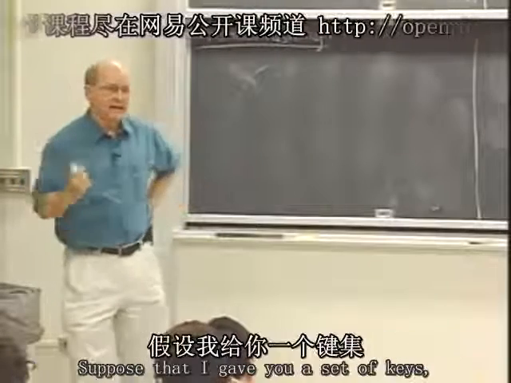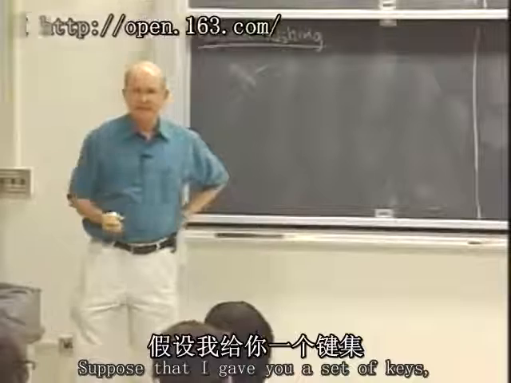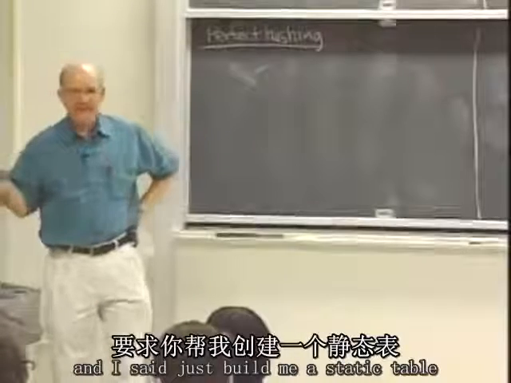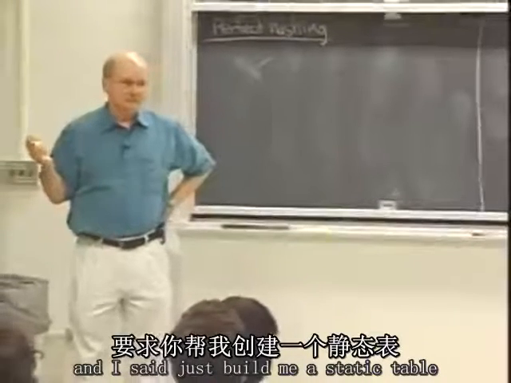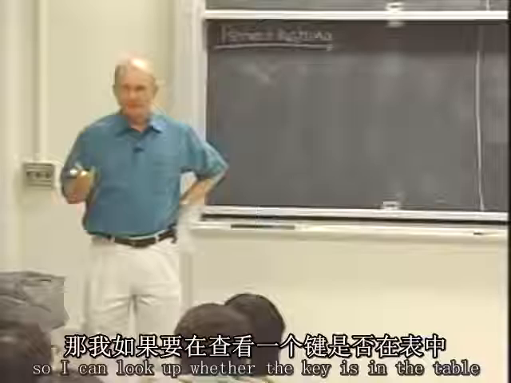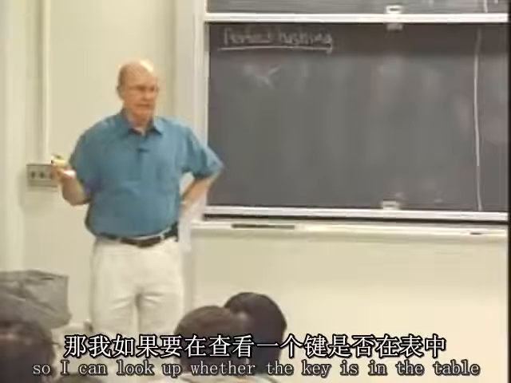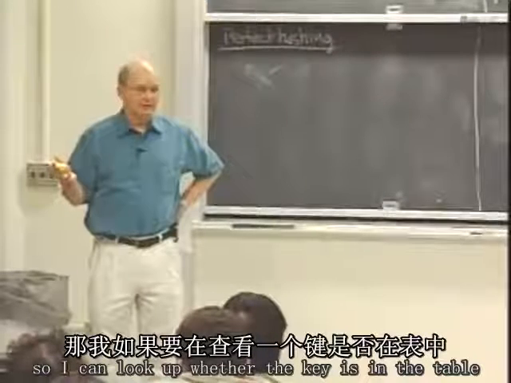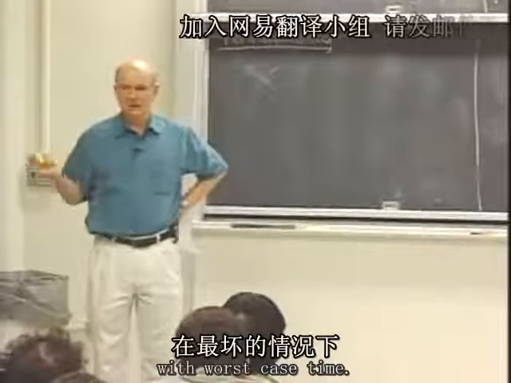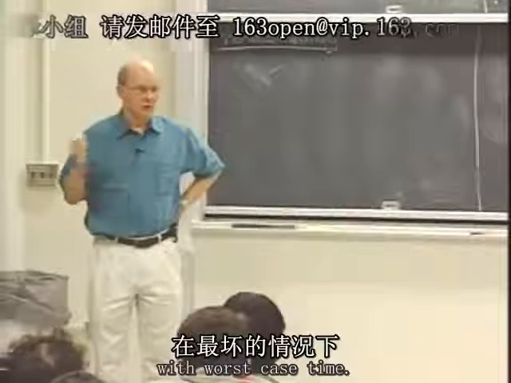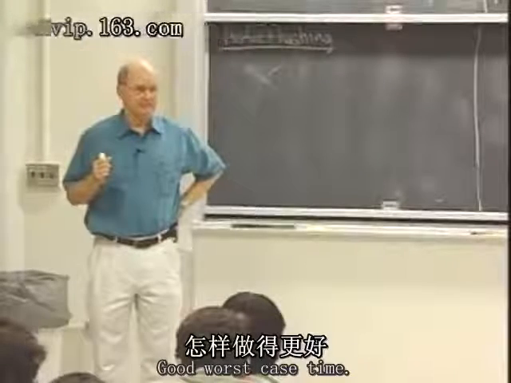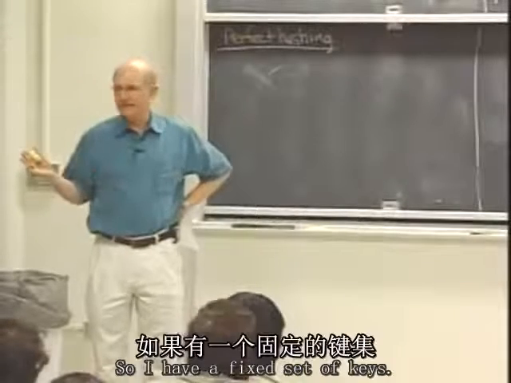Perfect hashing addresses the following question. Suppose that I gave you a set of keys, and I said, just build me a static table so that I can look up whether a key is in the table with good worst-case time. So I have a fixed set of keys.